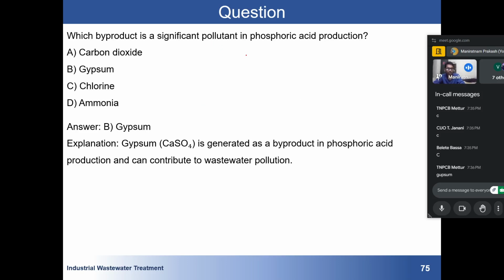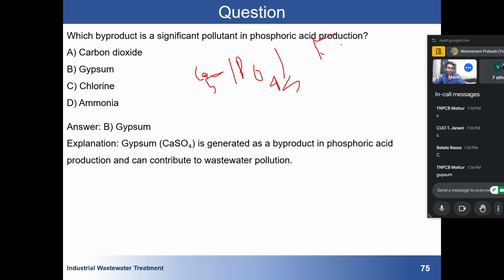If you recall how phosphoric acid is produced, generally fluorapatite is there: Ca5(PO4)3F.